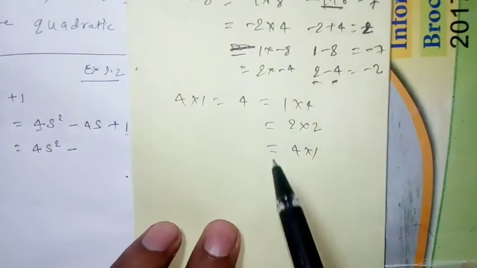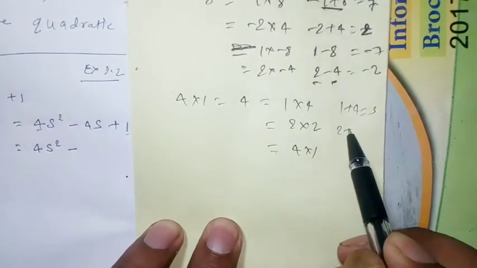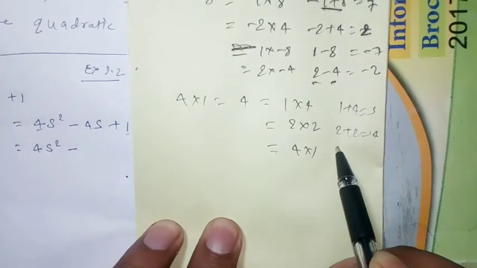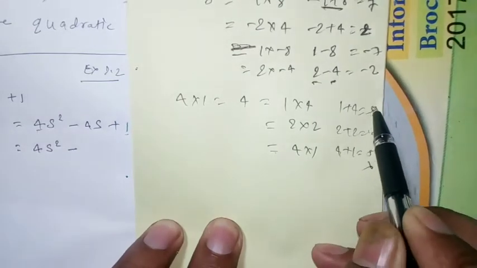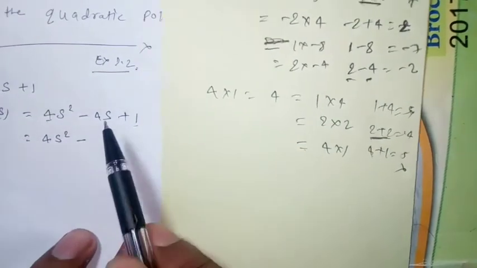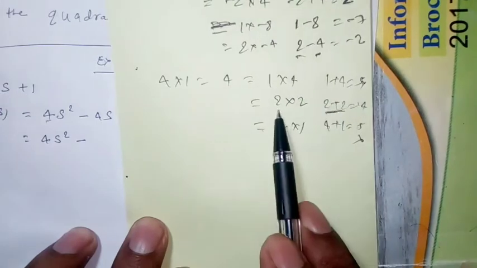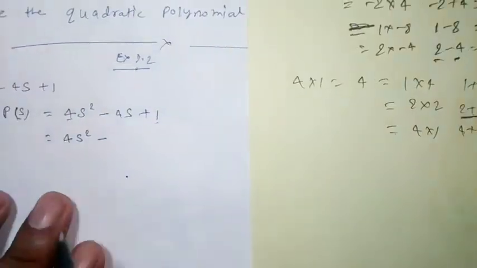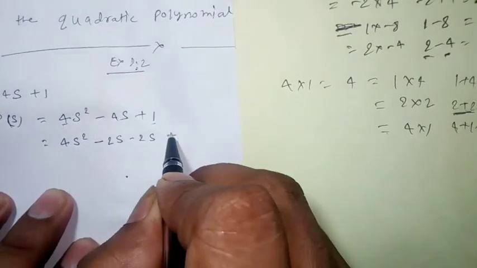So 1 plus 4 is equal to 5, 2 plus 2 is equal to 4, and 4 plus 1 is equal to 5. So we have to take 2 plus 2, it means 2 into 2. So I write here minus 2s minus 2s plus 1.